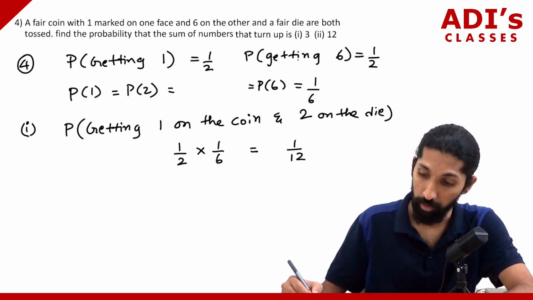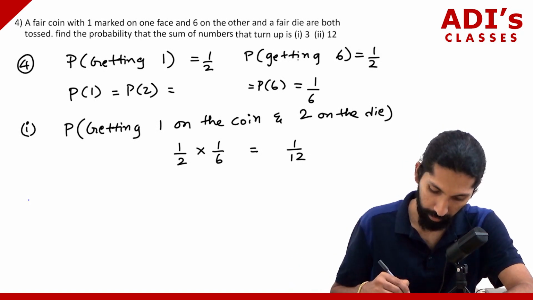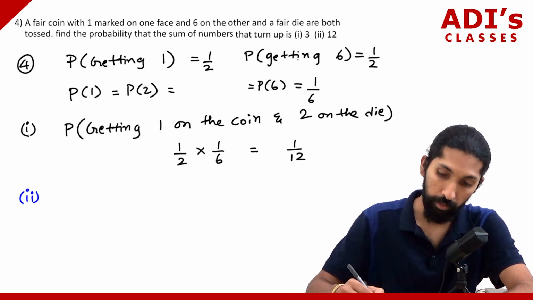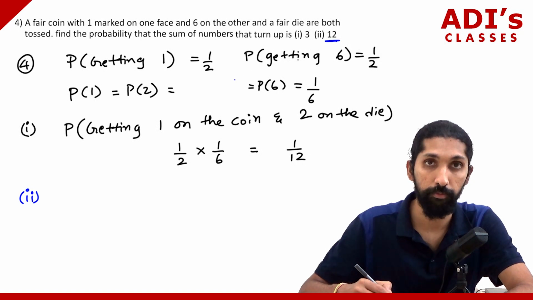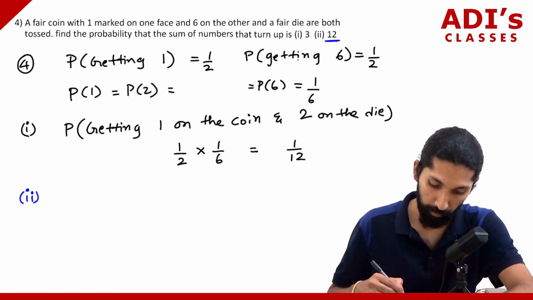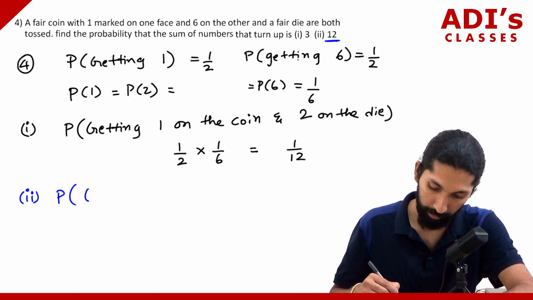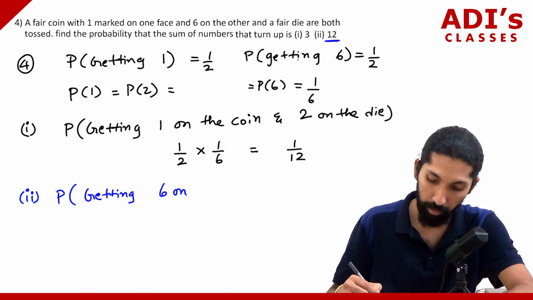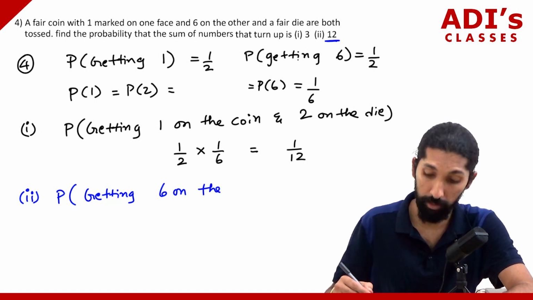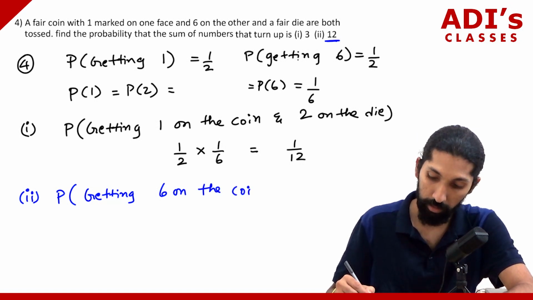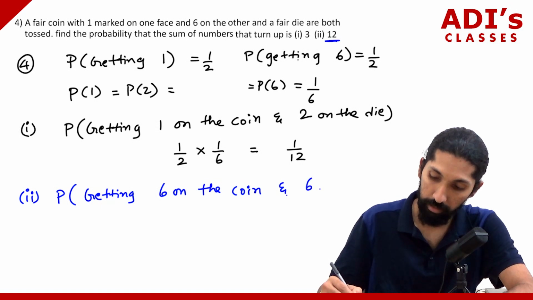Fair enough? Same way, if you look at the second case, that is the sum should be 12, right? If the sum has to be 12, then probability of getting 6 on the coin, because only 6 plus 6 can give us 12, correct? 6 on the coin and 6 on the die.